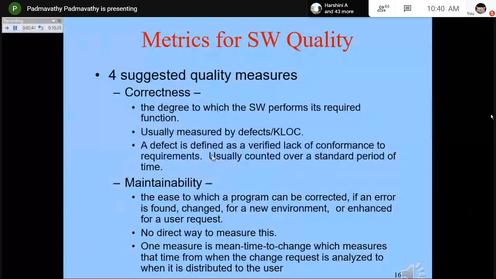For example, consider TCS iON itself. It has to calculate the GPA, CGPA for you. The formula is the average of your total marks for the semester.